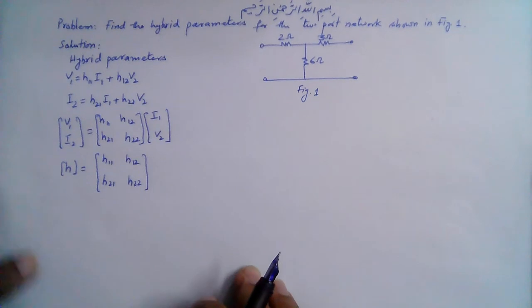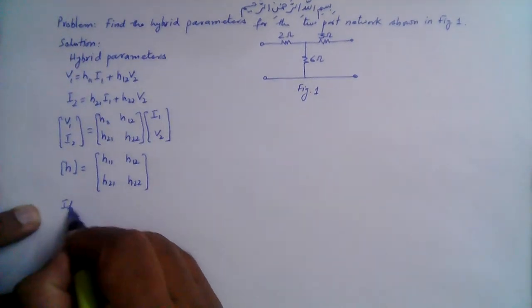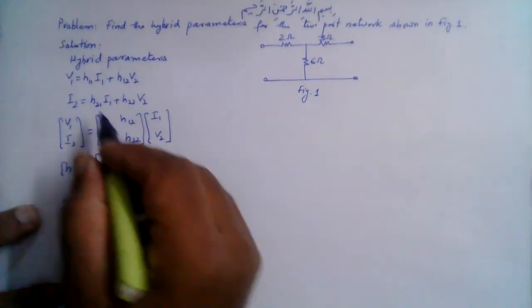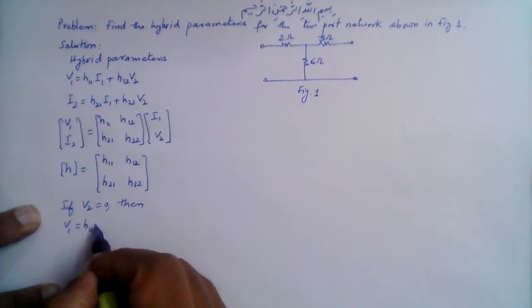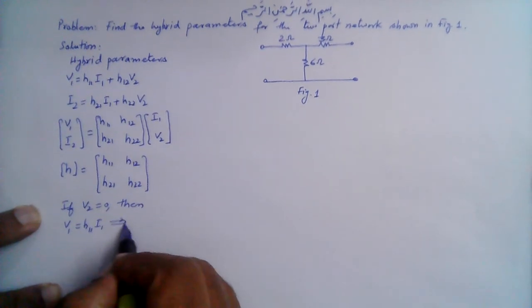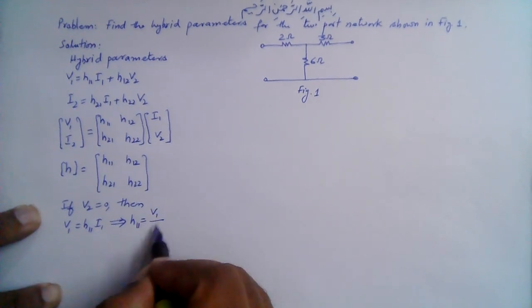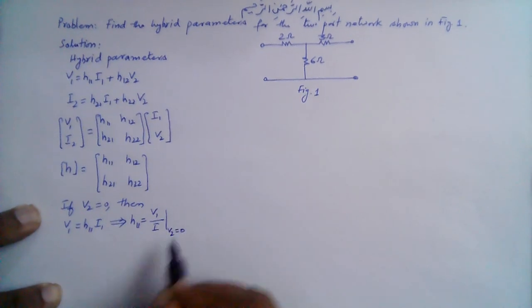So for example, if we put V2 is equal to 0, then we have V1 is equal to H11 I1, and this defines H11 to be equal to V1 divided by I1 while V2 is equal to 0.